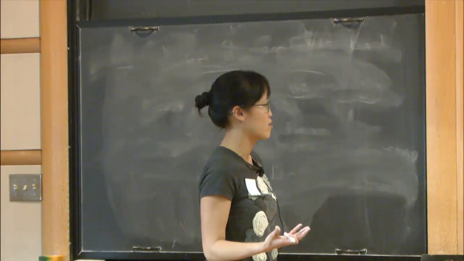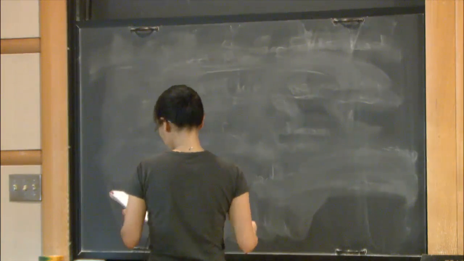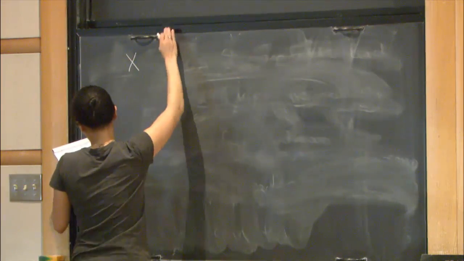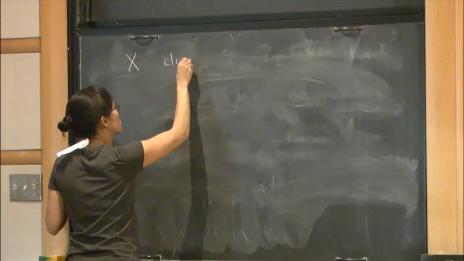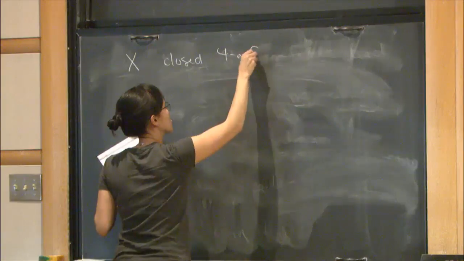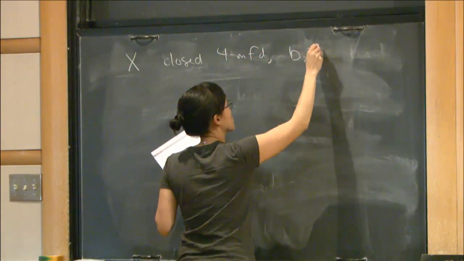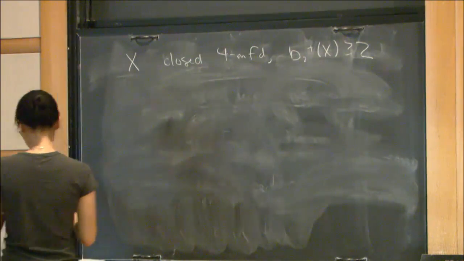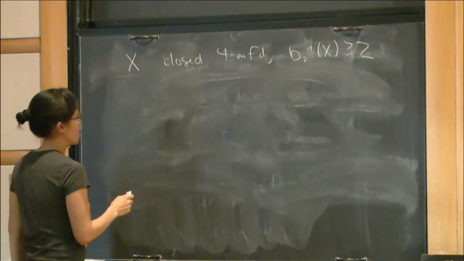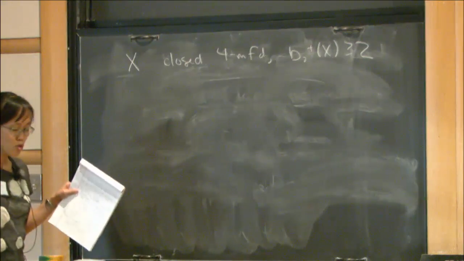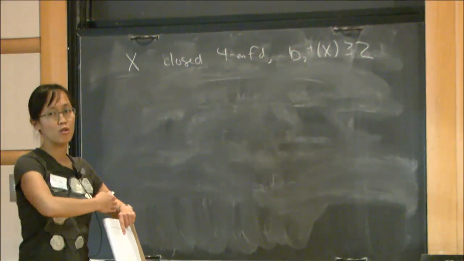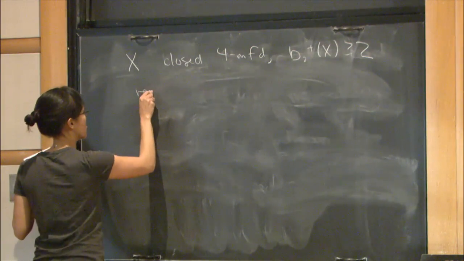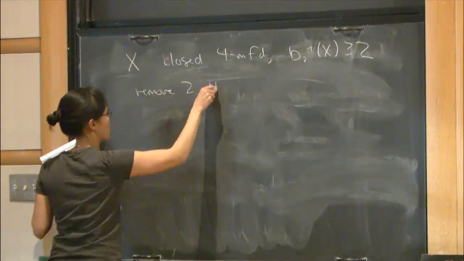So how are you going to define the closed four-manifold invariant? Let X be a closed four-manifold with b2 plus at least 2. So we can remove two four-balls from X to get a cobordism from S^3 to itself.